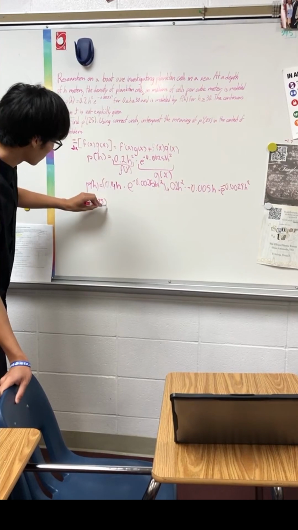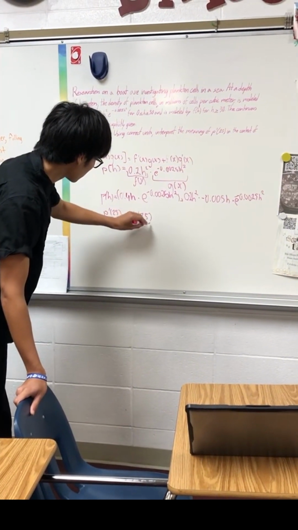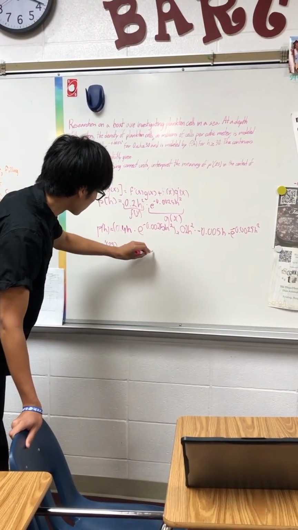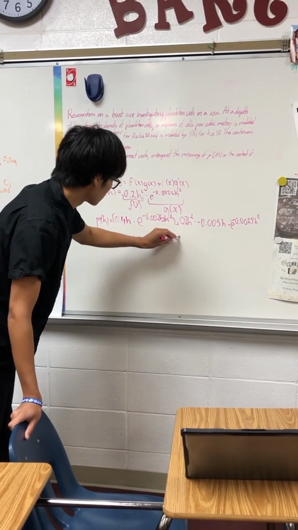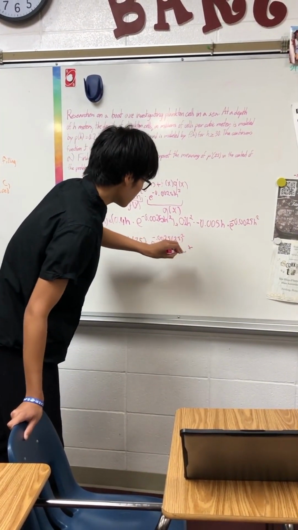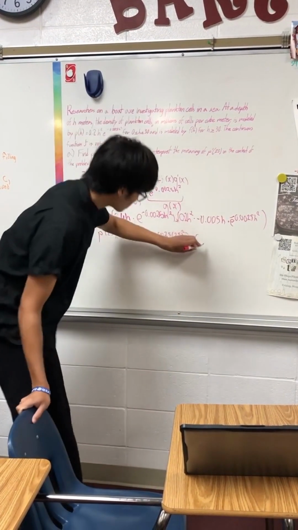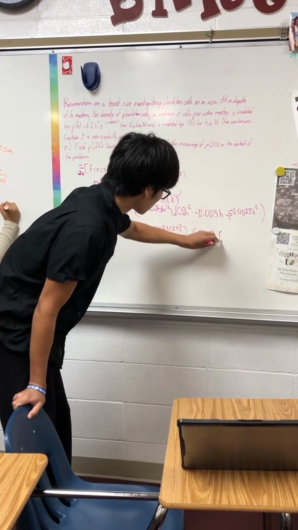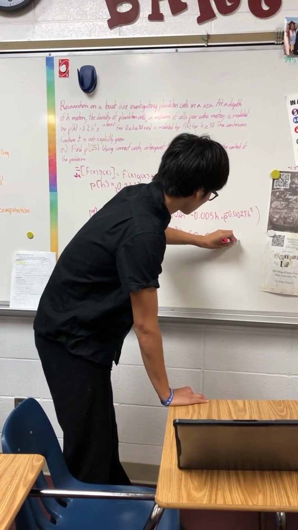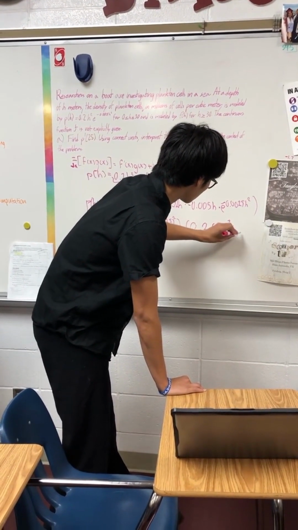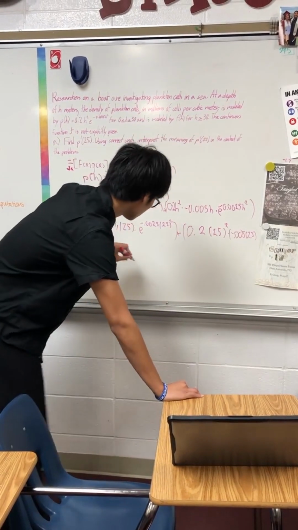For p prime of 25, we're just going to replace every h value we see with 25, which is 0.4 times 25 times e to the negative 0.0025 times 25 squared, plus parentheses, 0.2 times 25 squared multiplied by negative 0.005 times 25, times e to the negative 0.0025 times 25 squared.